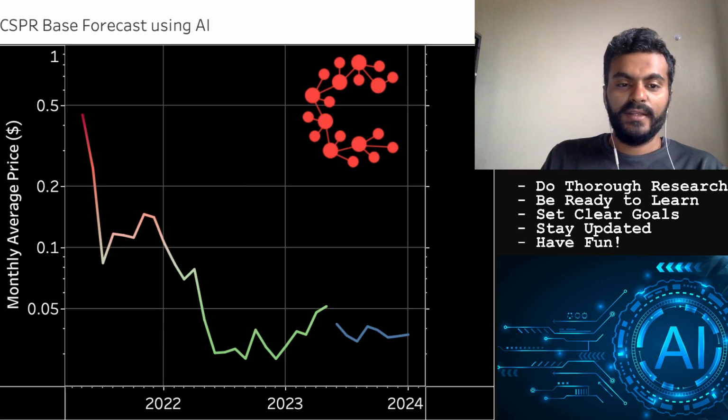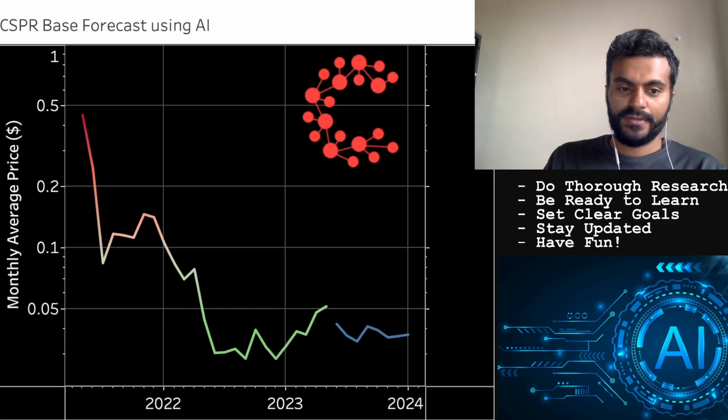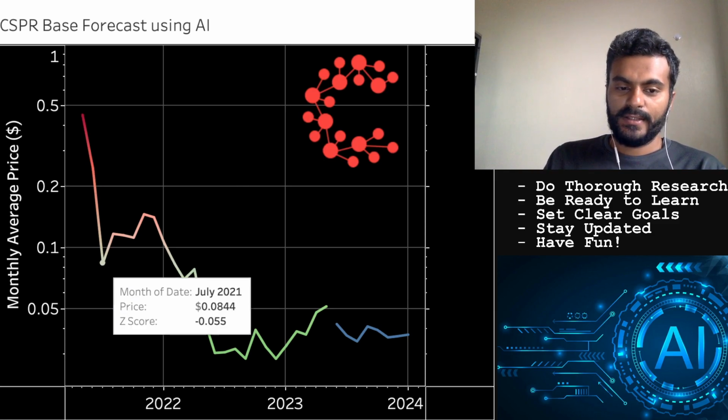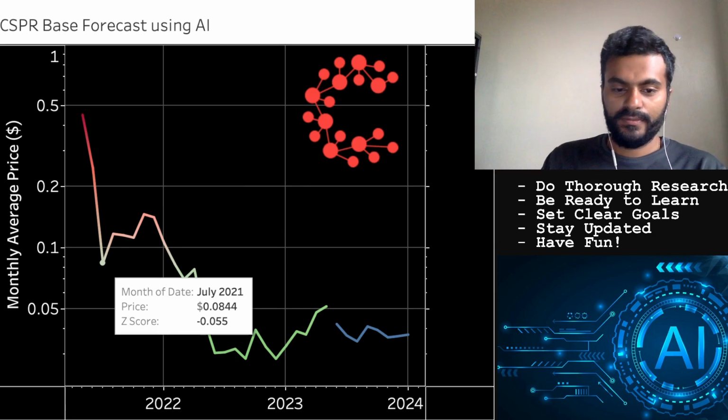So when the z-score value is high, the color associated on the chart is dark red. As, for example, in July of 2021, when the price was relatively close to the average price, I think the average price was around 8 cents.